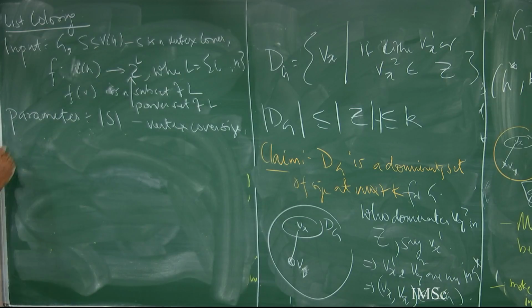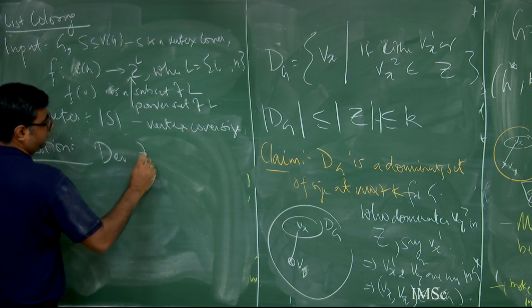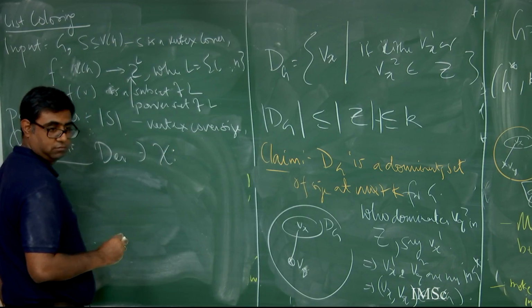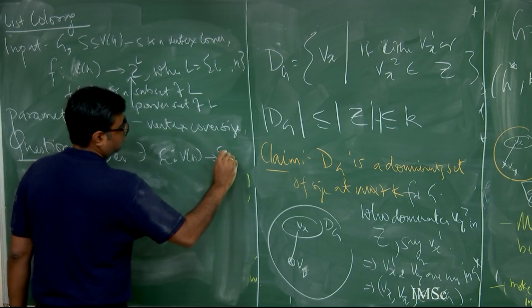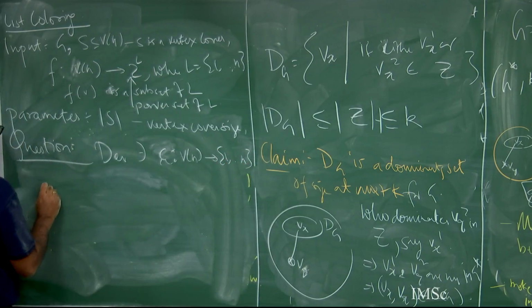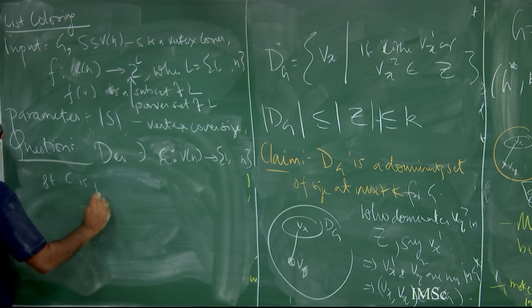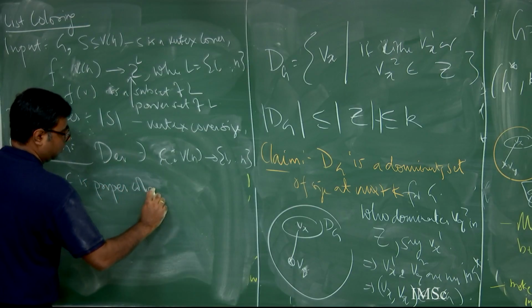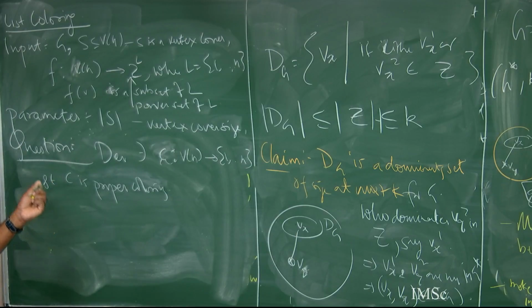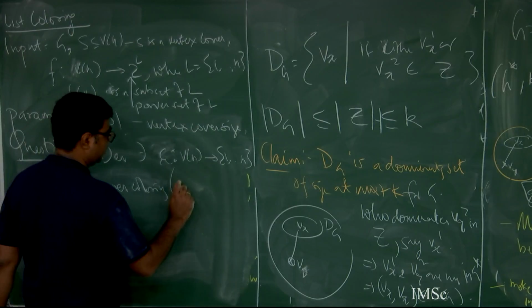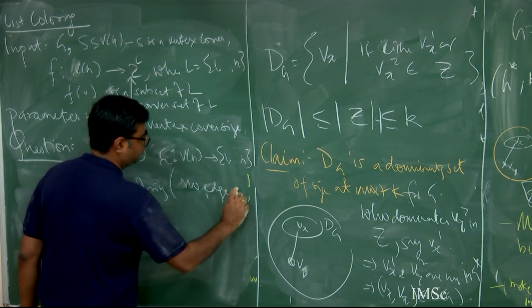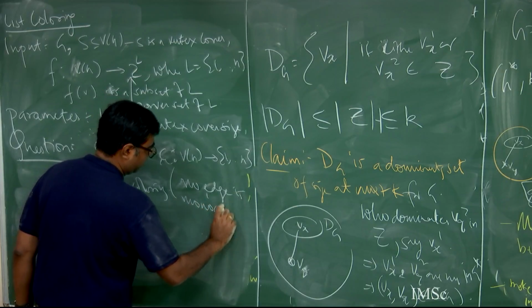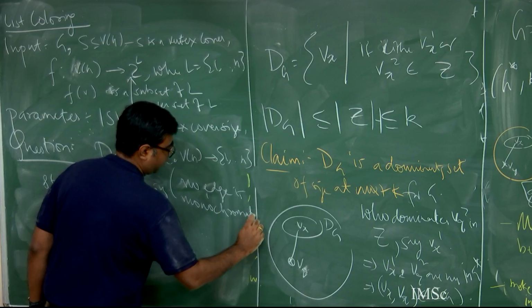And the question is, does there exist a coloring function, let us say C, from V(G) to 1 to n, such that C is a proper coloring, right? It means every endpoint gets a distinct color. Proper coloring means no edge is monochromatic.